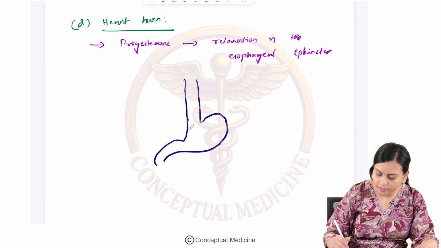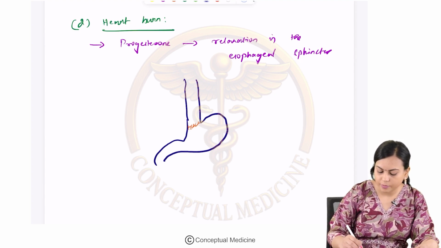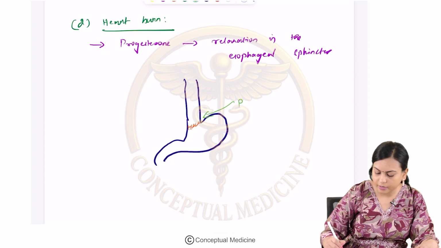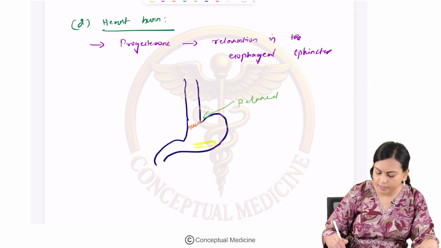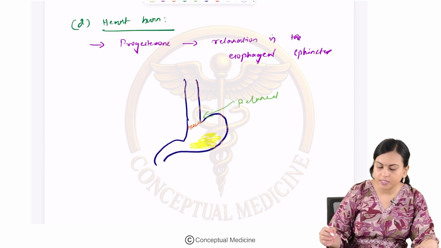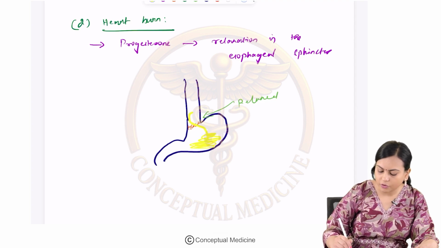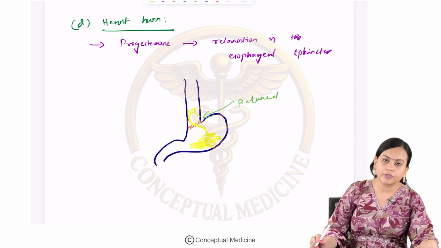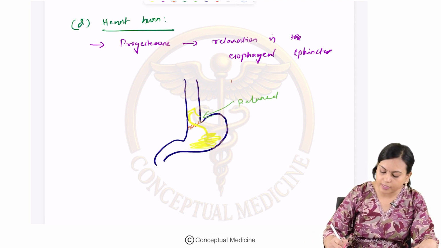This esophageal sphincter is relaxed by progesterone. We already know there are gastric acids present in the stomach. When this relaxation happens, these acids enter the esophagus from the stomach and produce a sensation of heartburn or acidity.